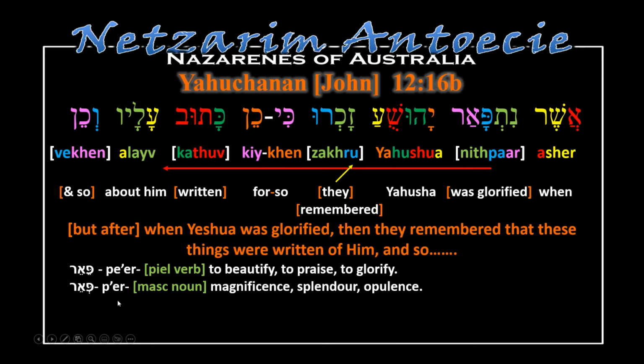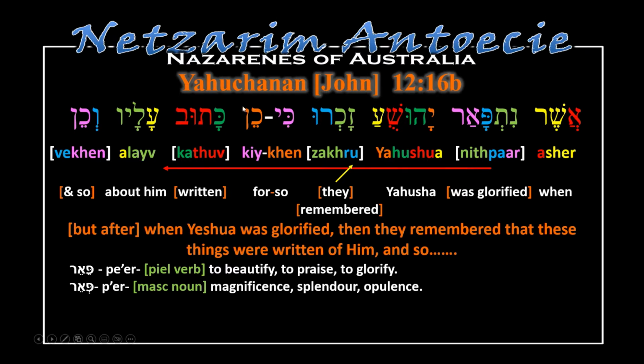And pe'er as a masculine noun means magnificence, splendor and opulence, richness, right? Glorious. So, when was glorified? Yahushua, or Yahusha, Zakru, they remembered. Now we know that Zakar means to remember. So the vav at the end is they remembered.